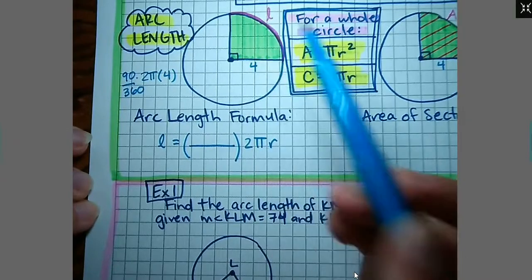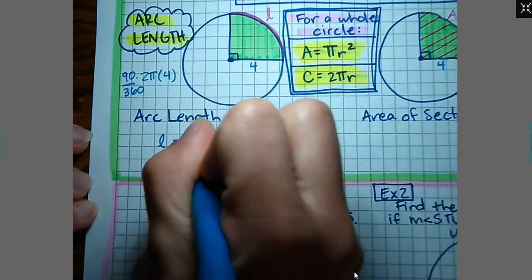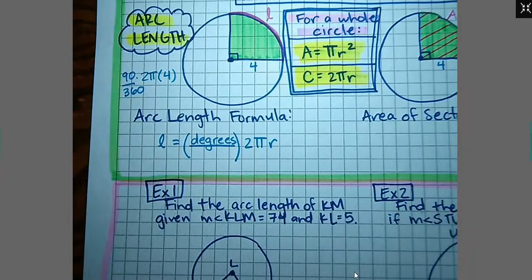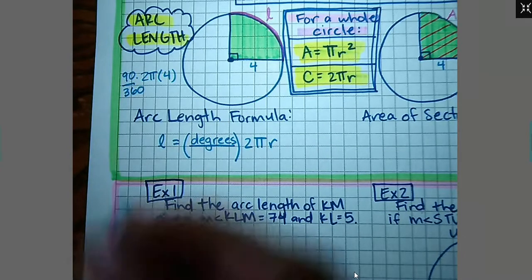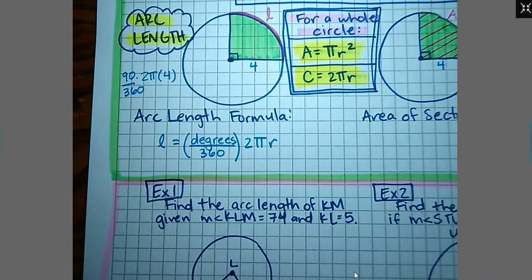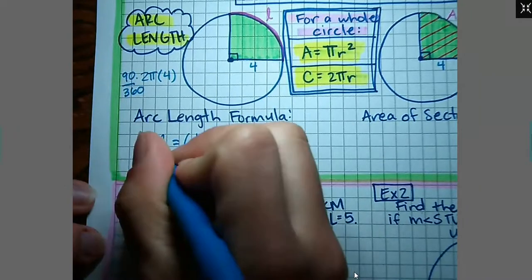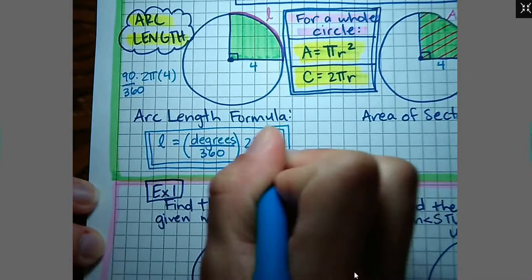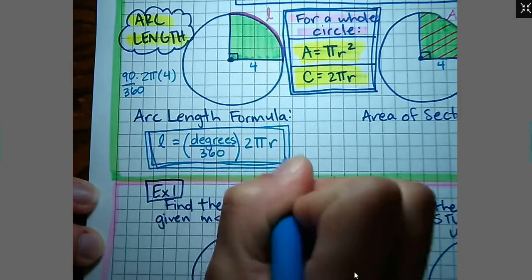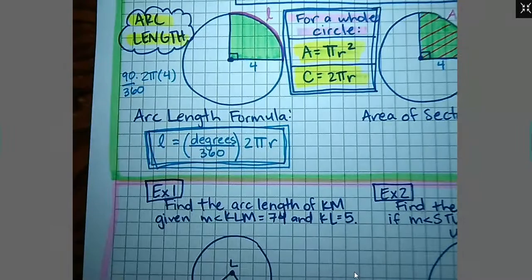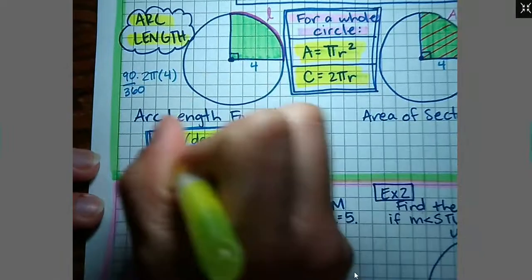So if I'm looking at 90 degrees, then I'm going to put that on top. So the degrees, divided by the total degrees of a circle, so divided by 360 degrees. This is your arc length formula, and all we're going to be doing is plugging into this formula as we go along.